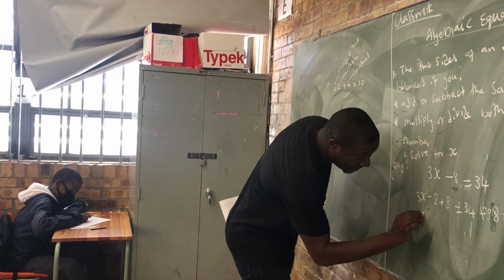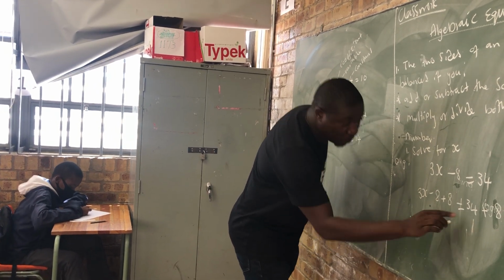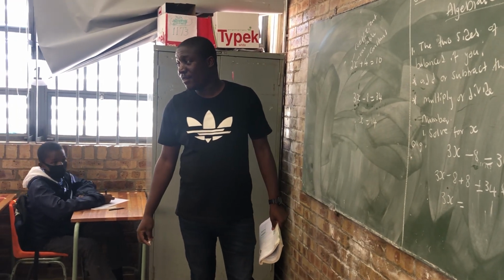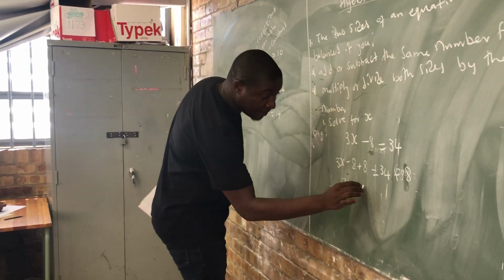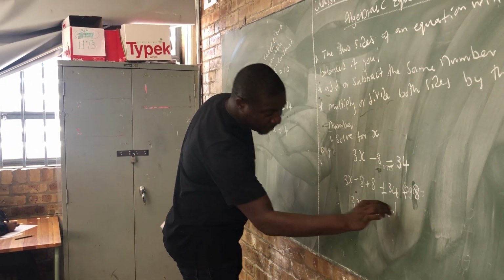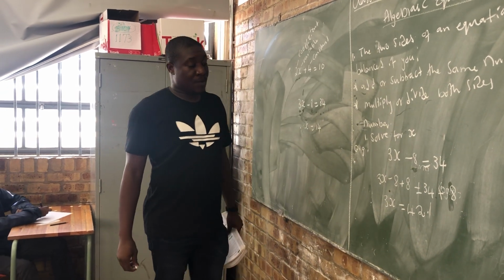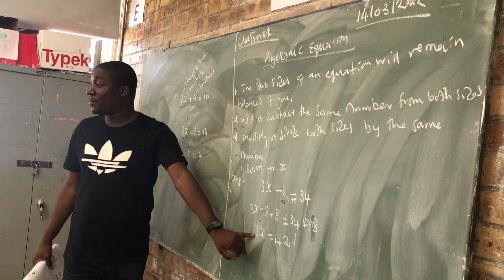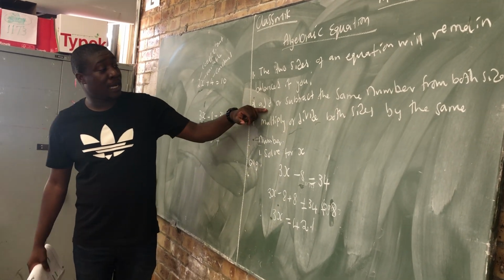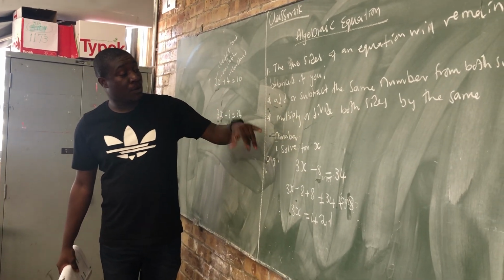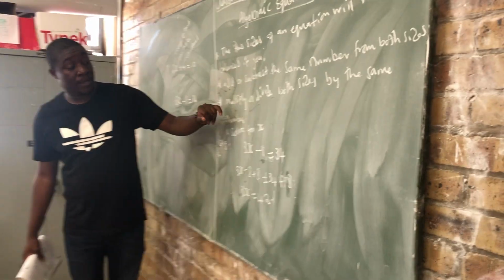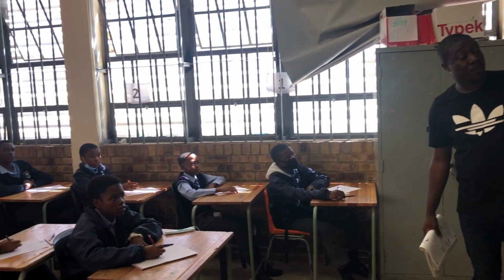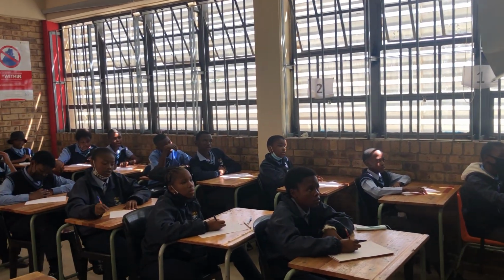So we get 3x equals 24 and 8, 42. Now we must get rid of 3. We said we can use the additive inverse or the multiplicative inverse. We already used the additive inverse, so we must go to the multiplicative inverse.